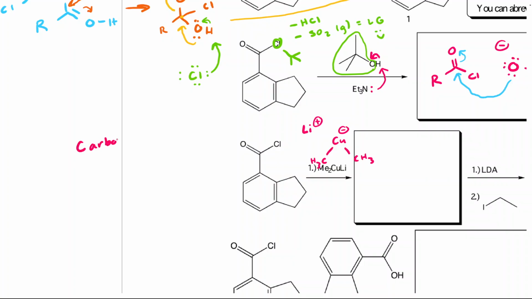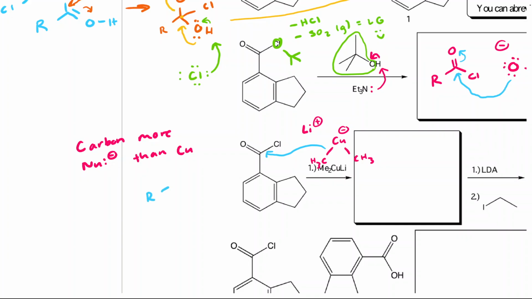Carbon more nucleophilic than copper. So what that means is it's going to take the electrons in the bond between the copper because it actually sort of owns it because it's nucleophile, and it's going to use those electrons to attack our molecule here.